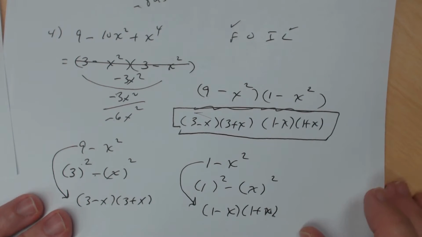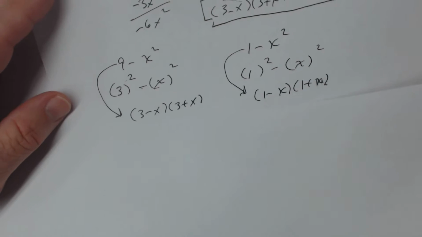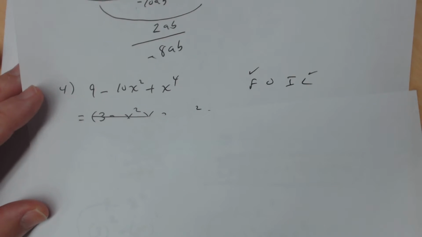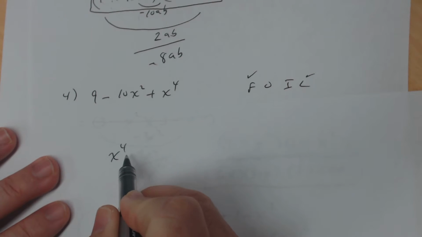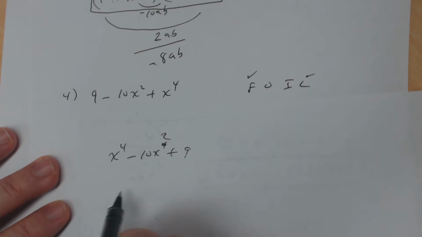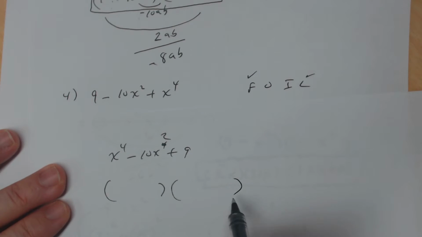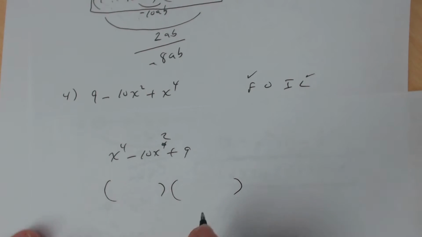Now, there was no issue with this, but if you had put this in descending order instead, we would have gotten this instead. So watch what we would have gotten. So x squared times x squared is x to the fourth.